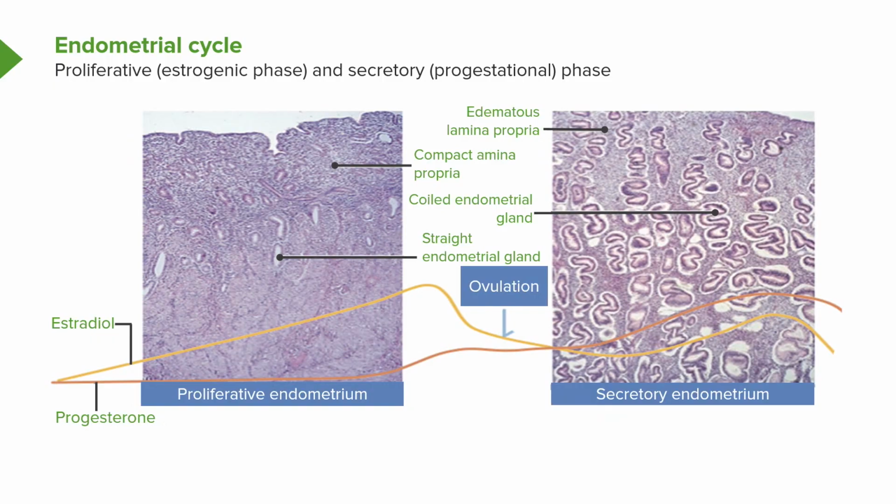It is important then that you can appreciate what occurs after menstruation under the influence of estrogens, that this endometrium is then repaired, and it's called the proliferative phase or estrogenic phase. And you can see on this slide that there are rising levels of estradiol, the most important estrogen.